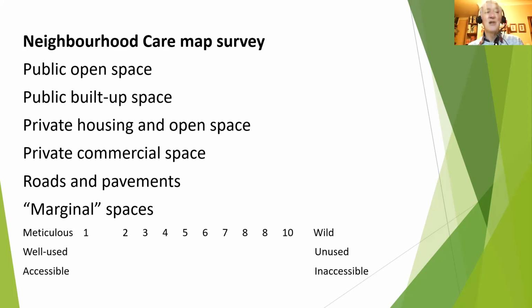Shopping centres are private commercial space where certain people would be most discouraged from going in. Roads and pavements, how are they cared for? How are they used? How are they accessible? Then marginal spaces, the spaces in between buildings that often seem like no man's land. Are they looked after, or are they just places where litter blows and accumulates and nobody cares for? These are all things to look at, possibly.